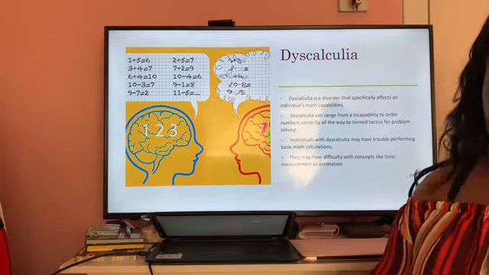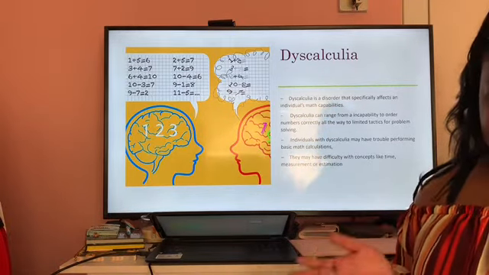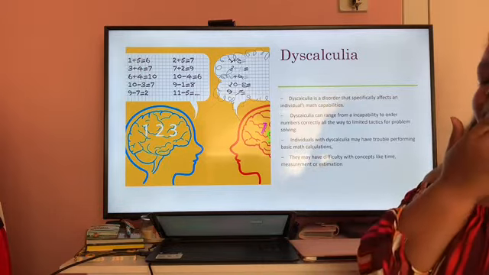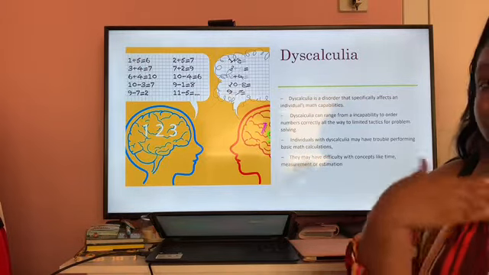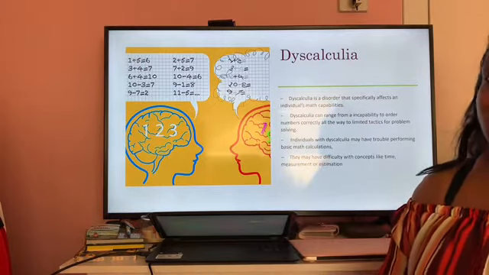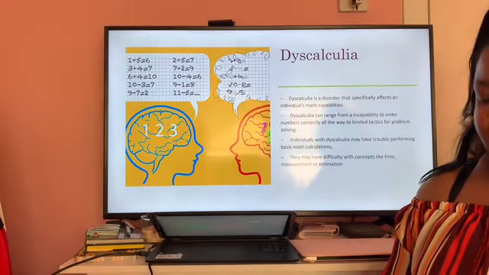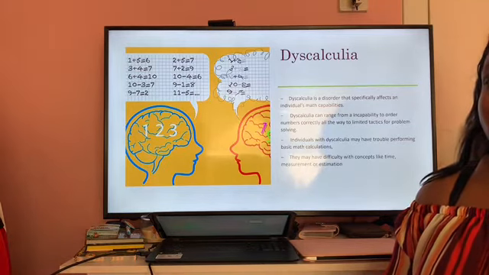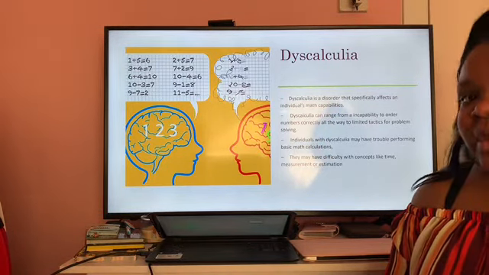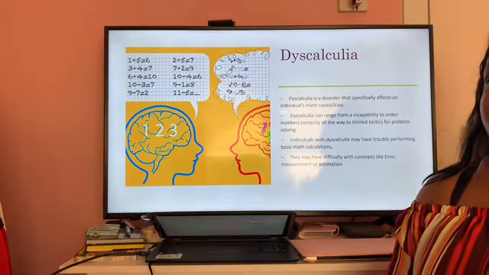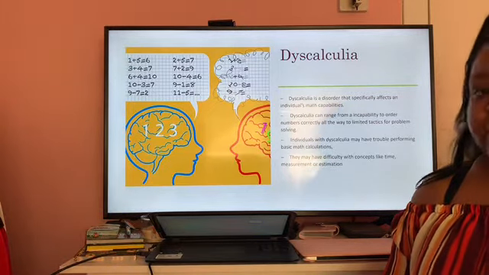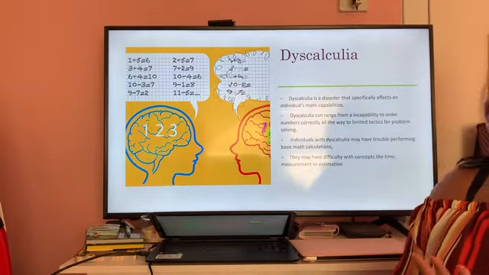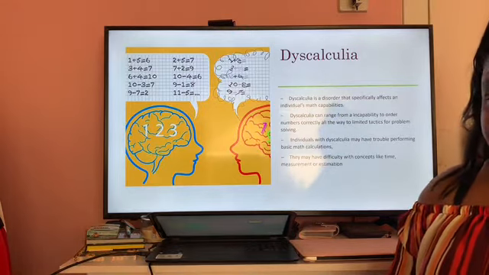And they also have an issue performing basic math skills, which could mean anything with multiplication and division, or adding and subtracting. Before you can get to higher level equations where you have PEMDAS involved, or you're having to do the Pythagorean theorem, you have to get the basic understanding of math. So that's why this is a big deal.